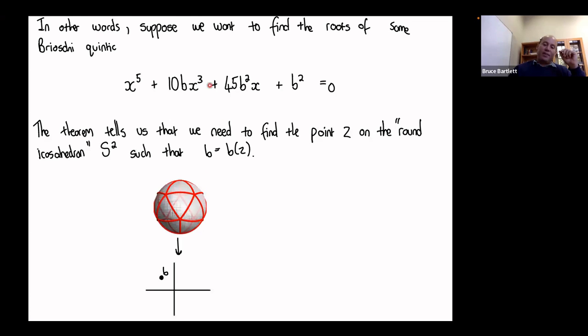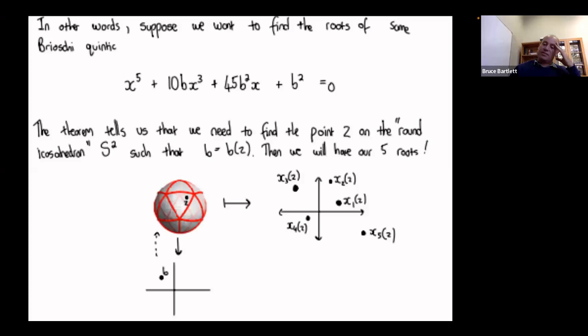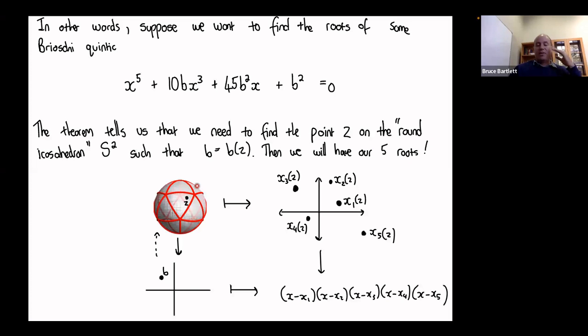I've got my quintic, which means it's got some parameter b. What I'd like to do is find the z upstairs, which maps down to that b under the brioche map. If I can find that z, then I can apply the 5 octahedral functions to z, and I'm going to get these 5 points. And those would be the roots of my polynomial.